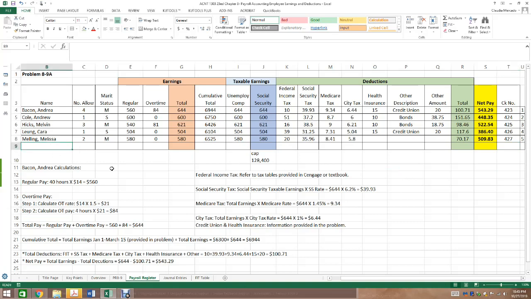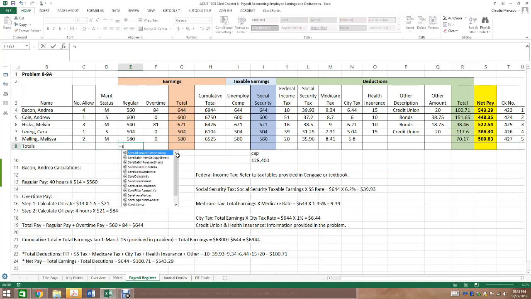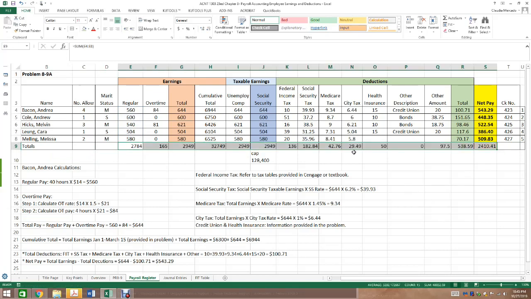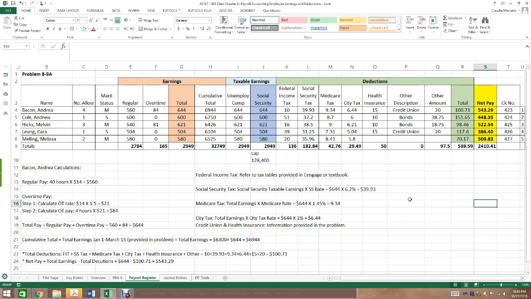Now I'm going to get totals. I want to know my total for all of my employees. I'm just going to do a sum of all of the 5 employees, and I'm just going to run them across because I'm kind of lazy. So these are my totals.